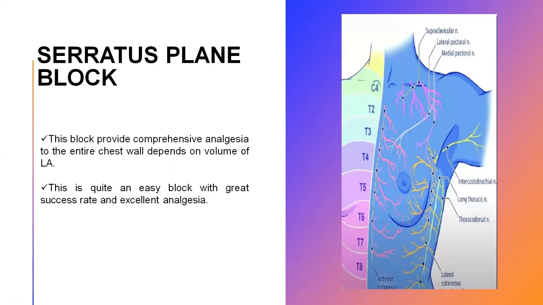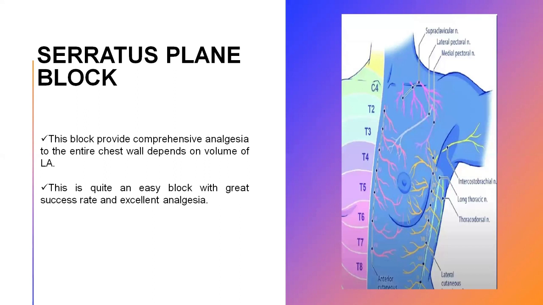And now the serratus anterior plane block. This is a very simple method, but it needs an expert hand, because it will provide a large area of analgesia. It will block various nerves like the anterior cutaneous division of the intercostal nerve, the lateral cutaneous nerve, the pectoral nerve, and the long thoracic nerve.